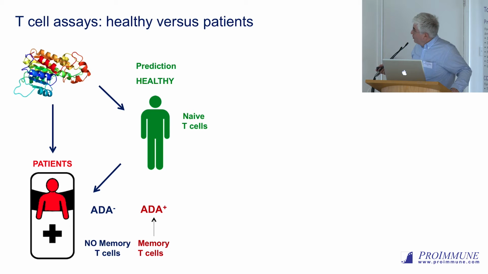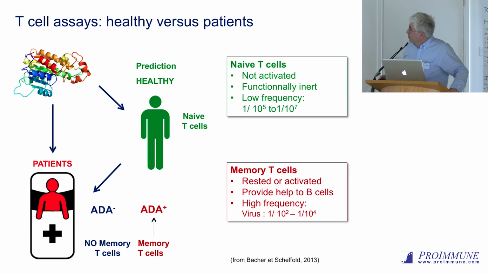And the naive cells are really different from the memory T cells. As you may know, they are not at the same level of activity. The naive cells are not active, as they are not activated.